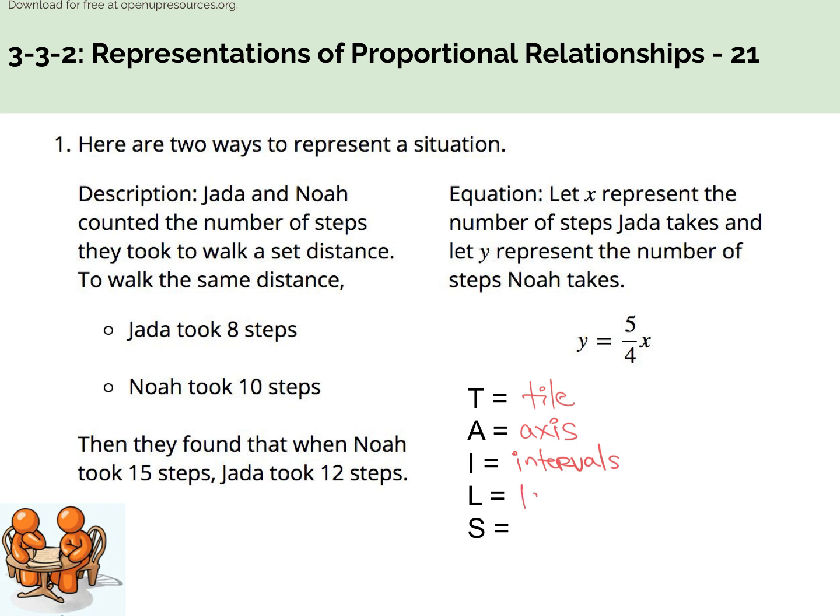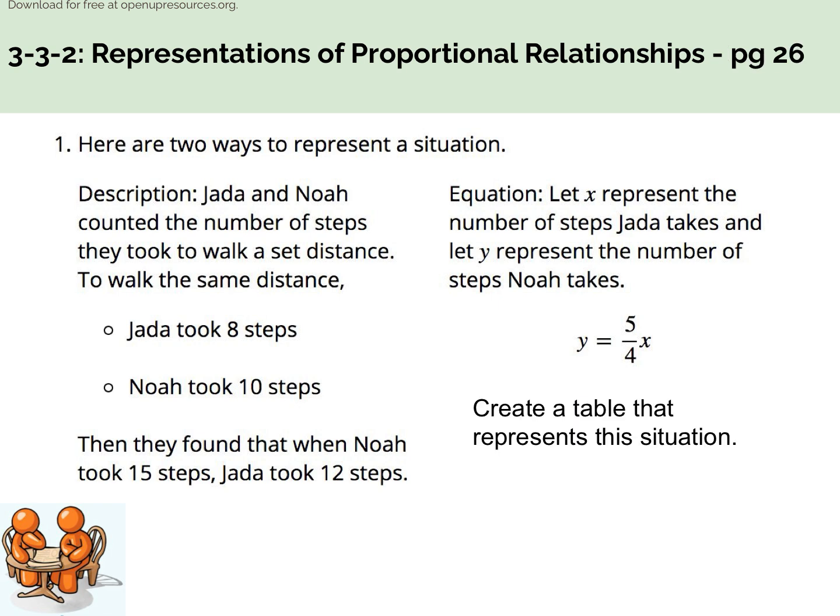L is labels. And then S is scale, our scale is correct. So these are the things I'm going to be looking for when we're graphing. Go ahead and write this down somewhere on page 21 so you remember what we're looking for. So go ahead and pause this video, write it down, and make sure you have it so you can do this correctly.